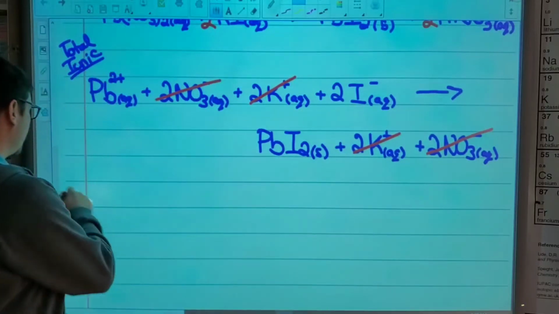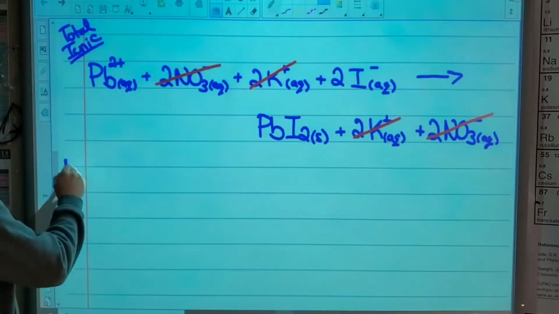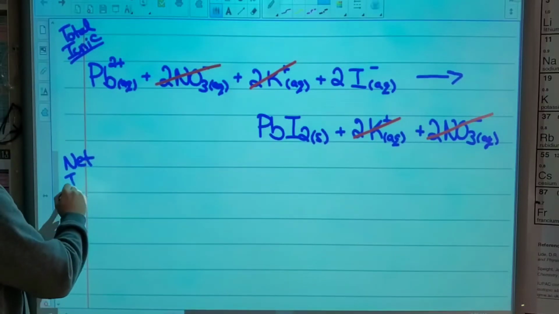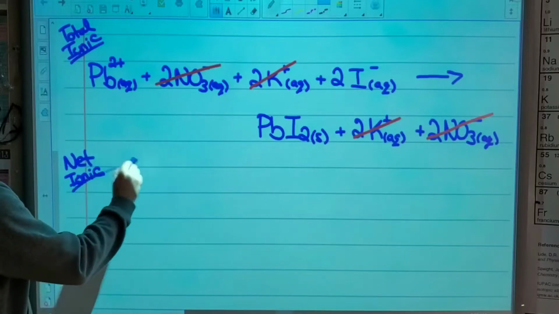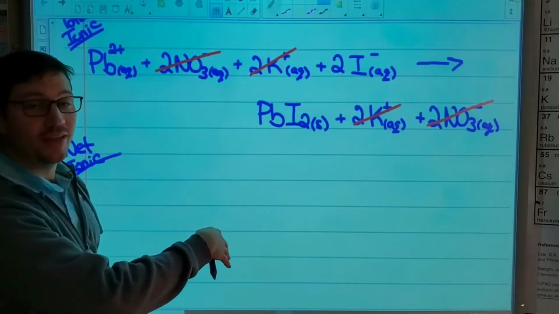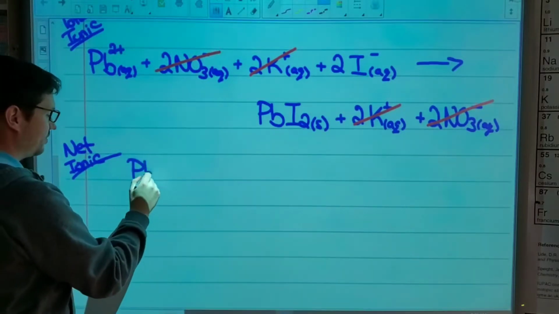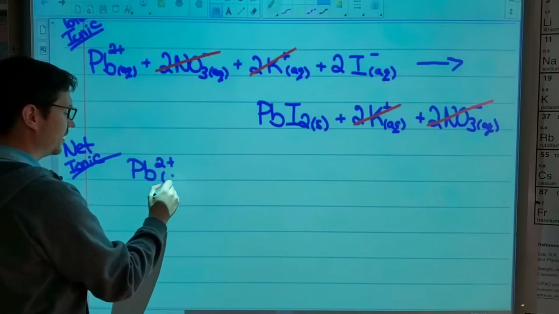So now I'm going to write my net ionic equation. I'm just going to rewrite everything that I didn't cross off. Lead 2+ didn't change. Pb2+ aqueous.